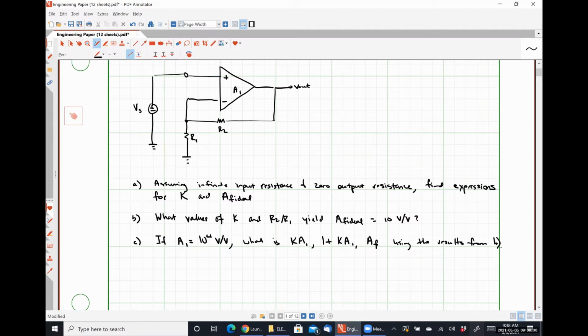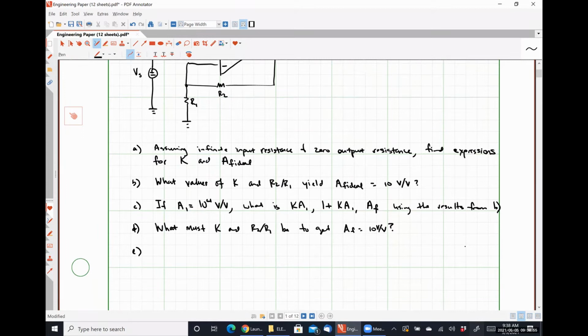Not quite finally, D. What must K and R2 over R1 be to get AF exactly equal to 10 volts per volt?